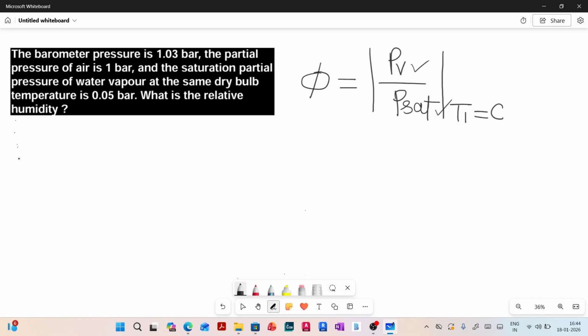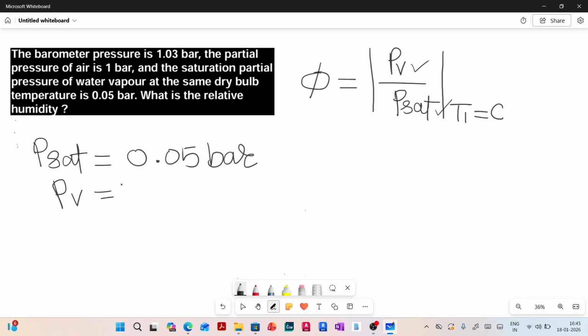So from the given data here, the saturation pressure is already given to us, which is 0.05 bar. So we will have to calculate what is PV, the partial pressure of water vapor.